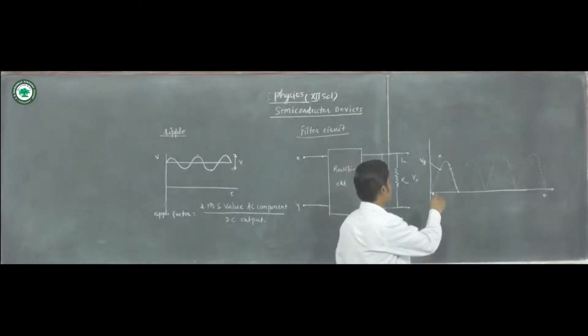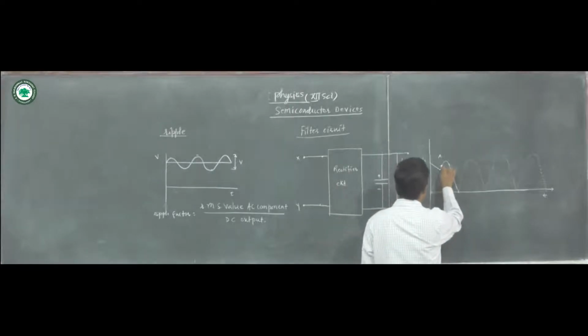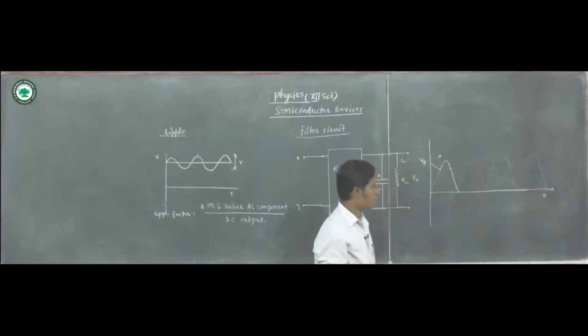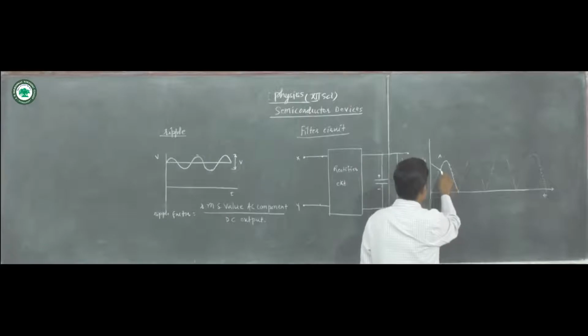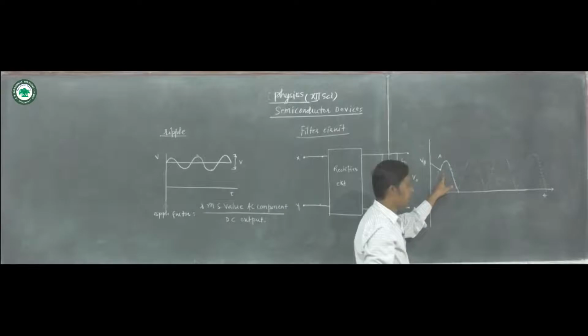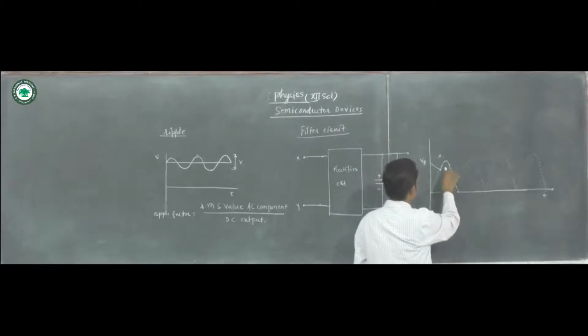After reaching the peak value Vp, the capacitor starts to discharge. This capacitor reaches the peak value of the voltage within this quarter half cycle at the point A.